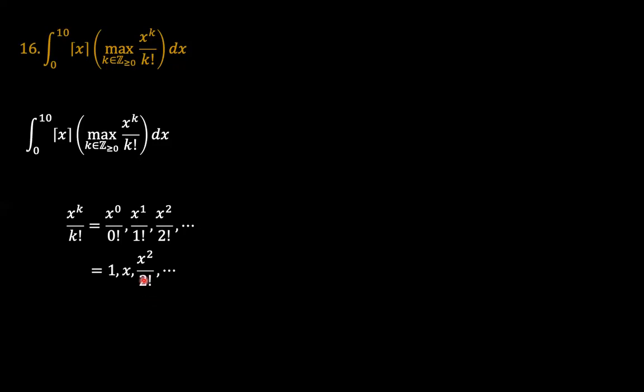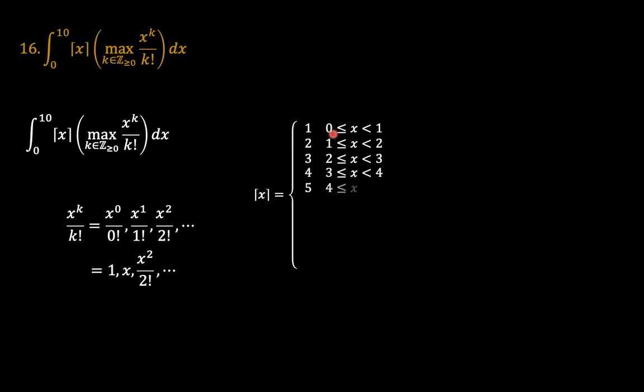Now, the maximum of this wide array of options depends on what region you're looking at. For example, let's first begin with looking at the ceiling function. The ceiling function tells us that between the integer values 0 and 1, the ceiling function of x is going to be 1.